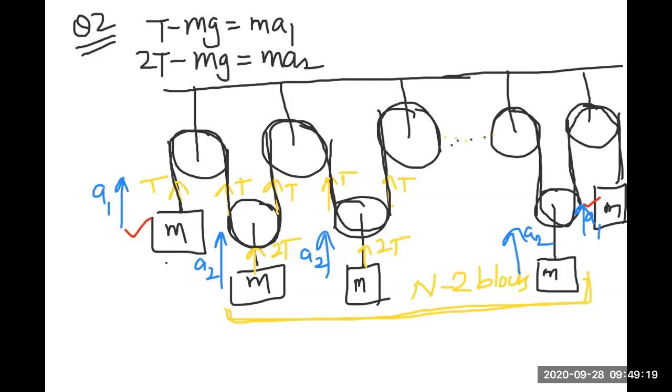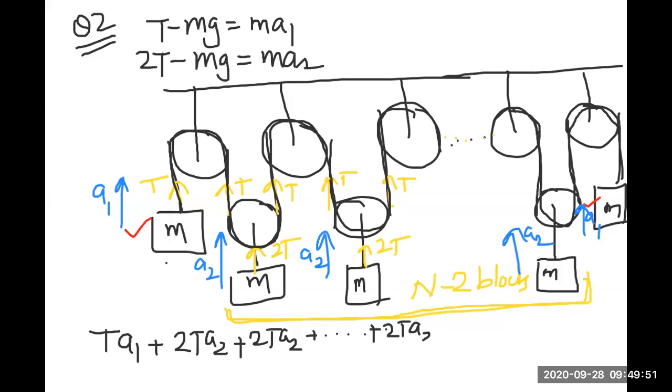Yes, good Anish, yes. So I want to write the constraint equation, and the constraint equation will have n terms. As many blocks as there are, that many terms will be in our constraint equation. So I will get Ta1 plus 2Ta2 plus 2Ta2 dot dot plus 2Ta2 plus Ta1 is equal to 0.